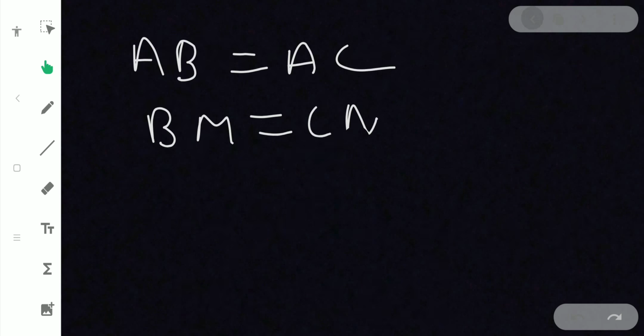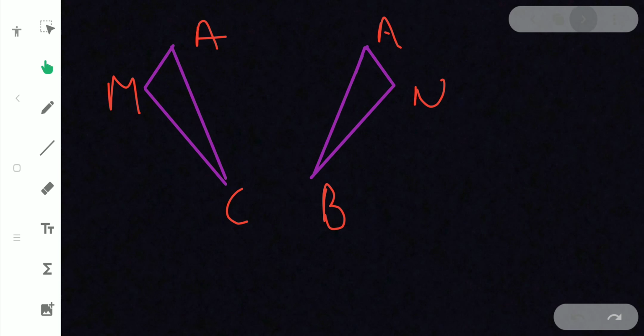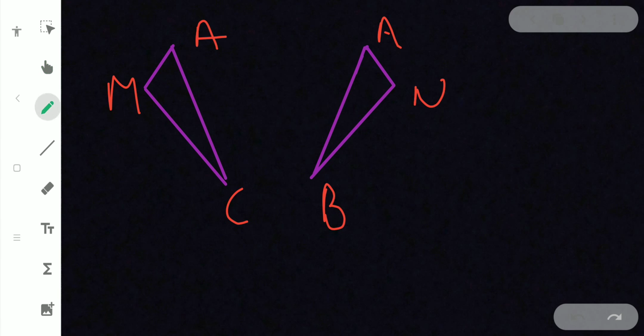Now here we have to see what parts we can prove them congruent. I am writing the side of the diagram only. We know AM is equal to AN.